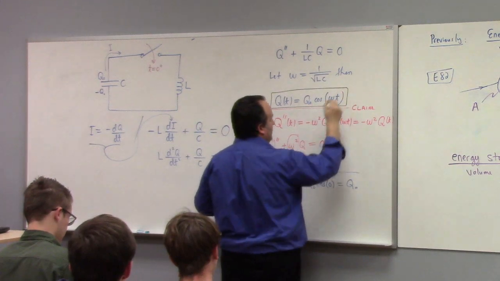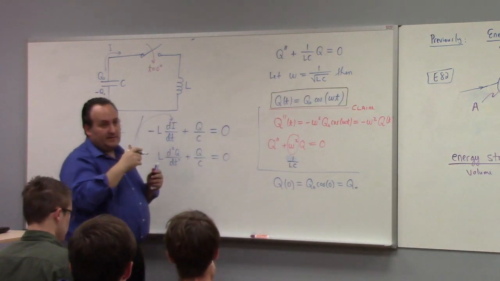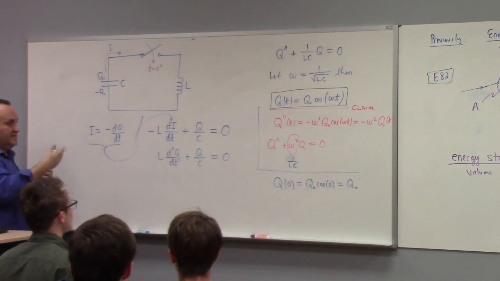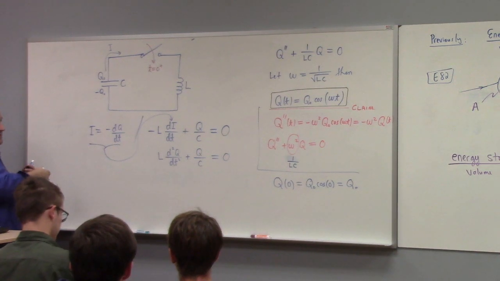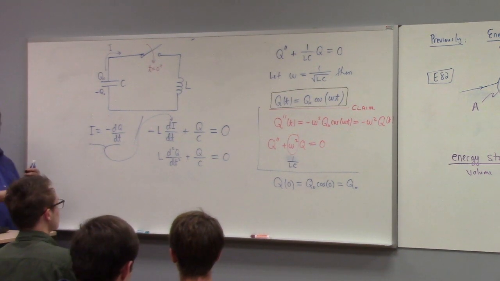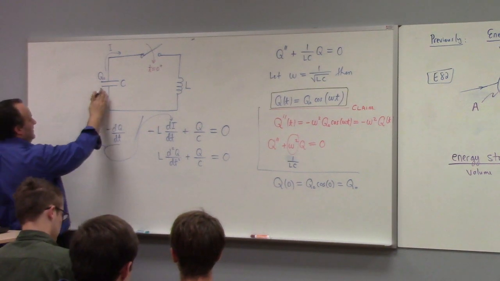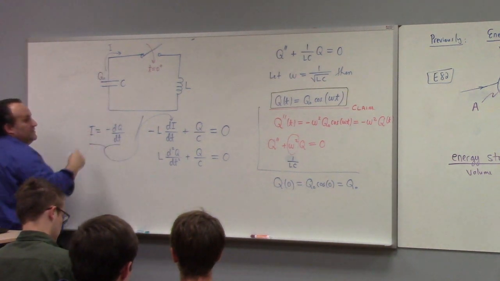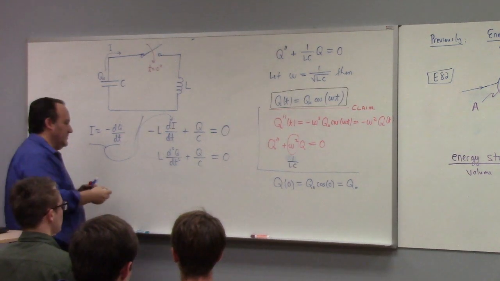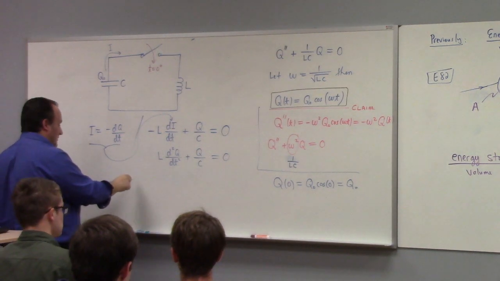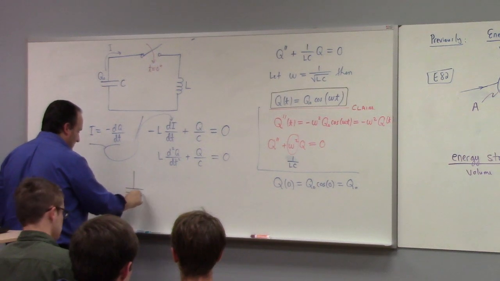What does it do? Like I said, it oscillates, right? The charge starts out at charge q naught, and then it goes all the way to charge minus q naught, right? And of course we're just really talking about the charge on the one plate. So you could draw different phases. It starts out like this, all right?